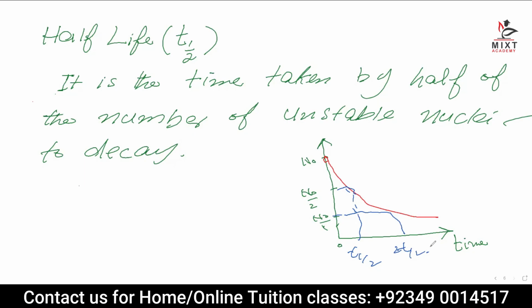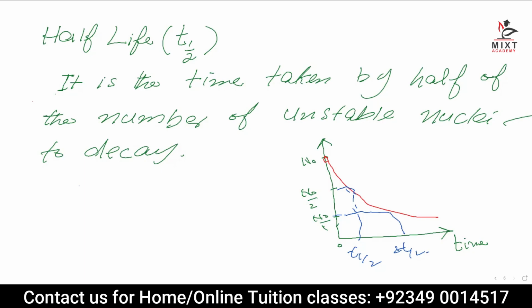Sir, I'm sorry, I wasn't listening. On the y-axis, is it half-life? The x-axis is the time, and the time interval when the number of nucleons is half of the initial is called half-life.